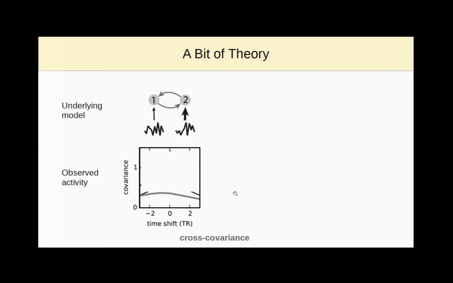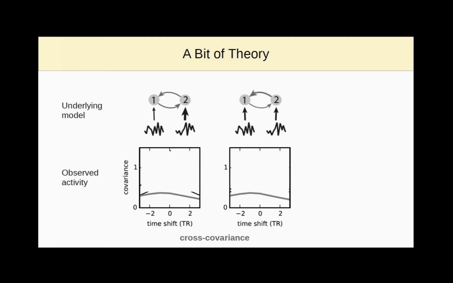That means that apparently, from the observed activity, one region is leading the other. But the connectivity here is symmetric. So the apparent lag is just coming from the difference in the noise amplitude.